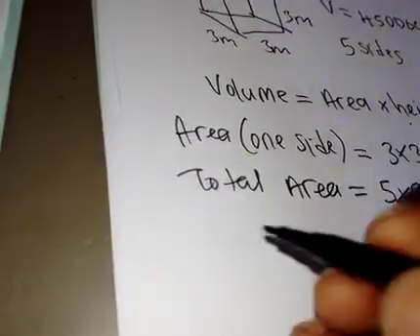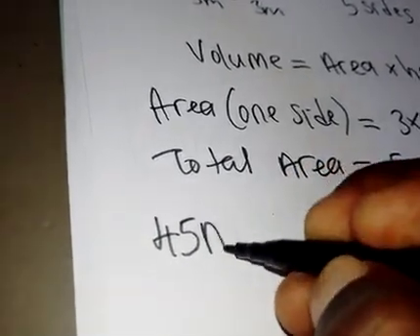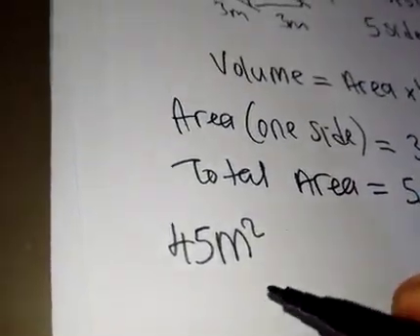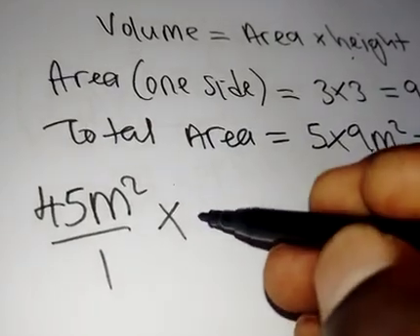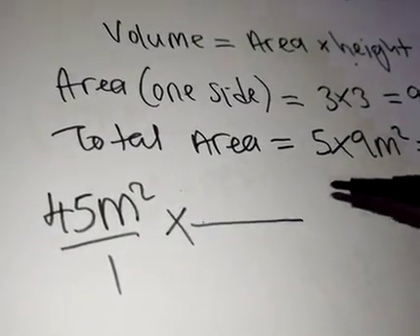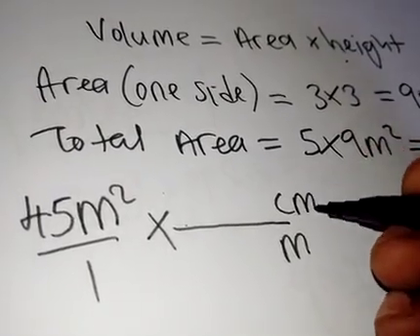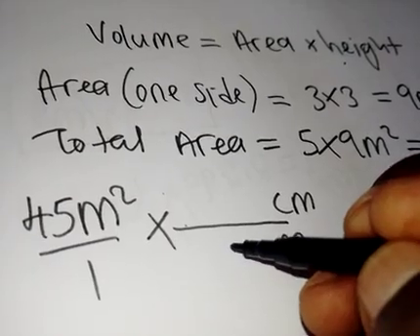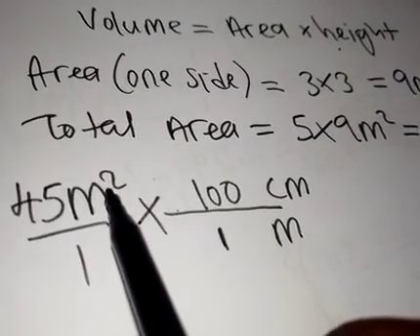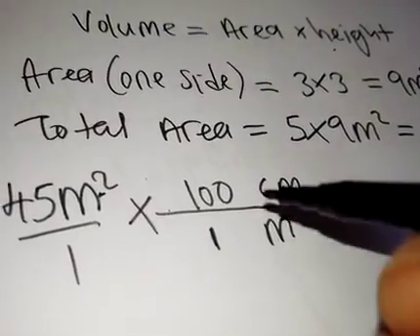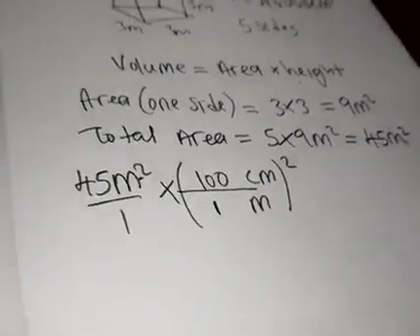We have 45 square meters over 1, then multiply by, so the meter cancels, and we put centimeters down there. If we have 1 meter, we actually have 100 centimeters, but that is raised to the power 2. Even this side we should raise to the power 2.